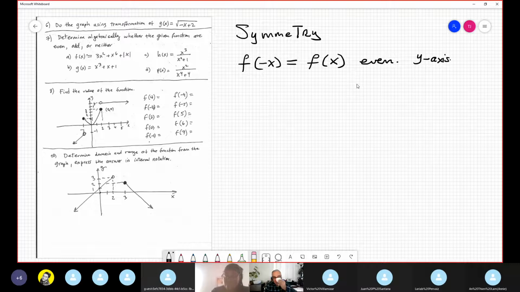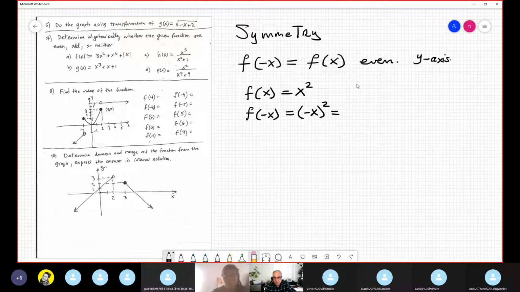One classical example of this is the function x squared. Because when you make a reflection, the negative inside the square, you break it down like that, -1 squared and x squared, and -1 squared is 1 as well.